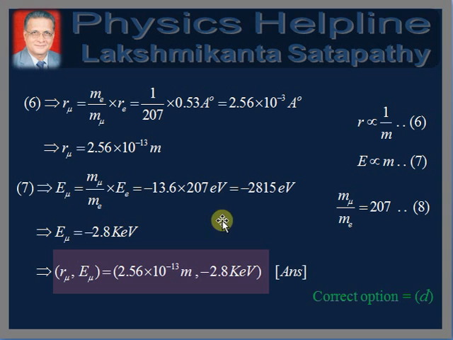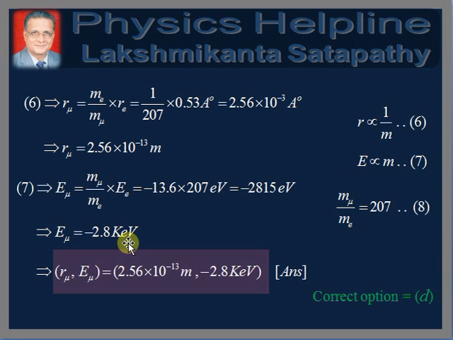Again, from equation 7 we get E is directly proportional to m. Therefore, E mu is equal to m mu divided by m e into E e. Now, m mu divided by m e is equal to 207 and E e, energy of the electron, is equal to minus 13.6 electron volts, which on simplification gives E mu is equal to minus 2815 electron volts, which is equal to minus 2.8 kilo electron volts.